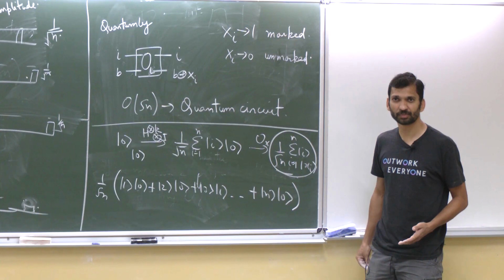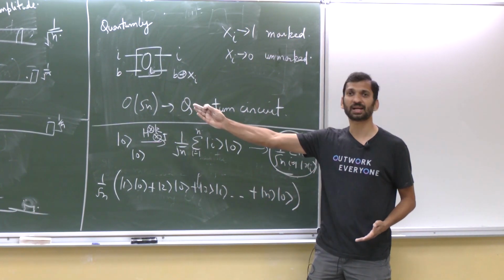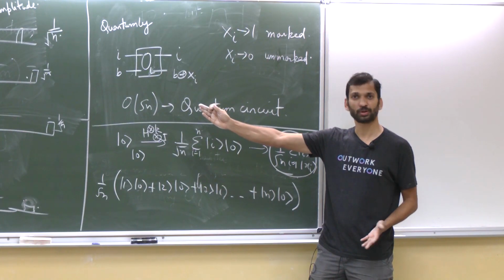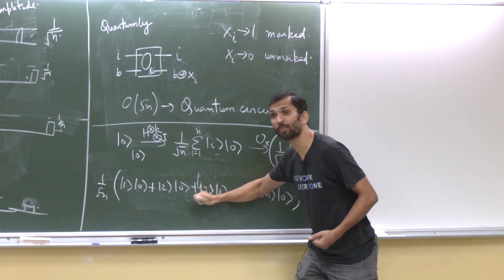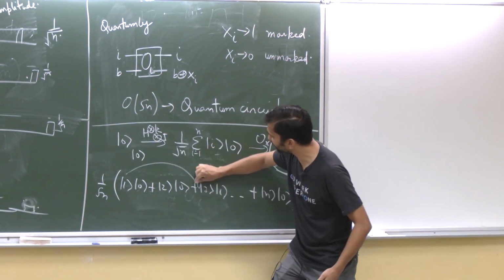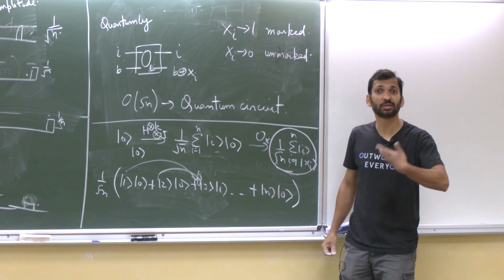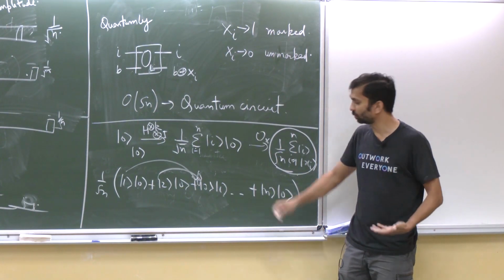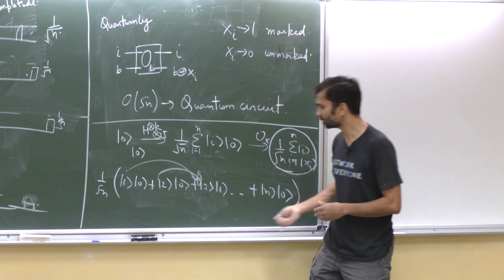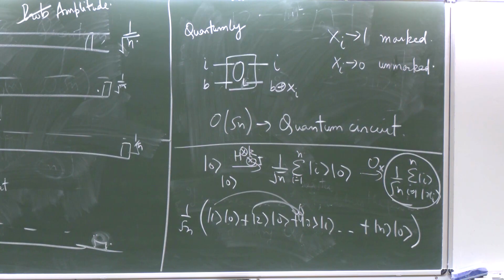You see the problem? If I measure right here, then I'm back to my classical dumb algorithm. I don't want to do that. I don't want to measure here. I want to somehow now say that all of these give me some more amplitude, add up the amplitude here, right? So I want to amplify amplitude instead of probability.